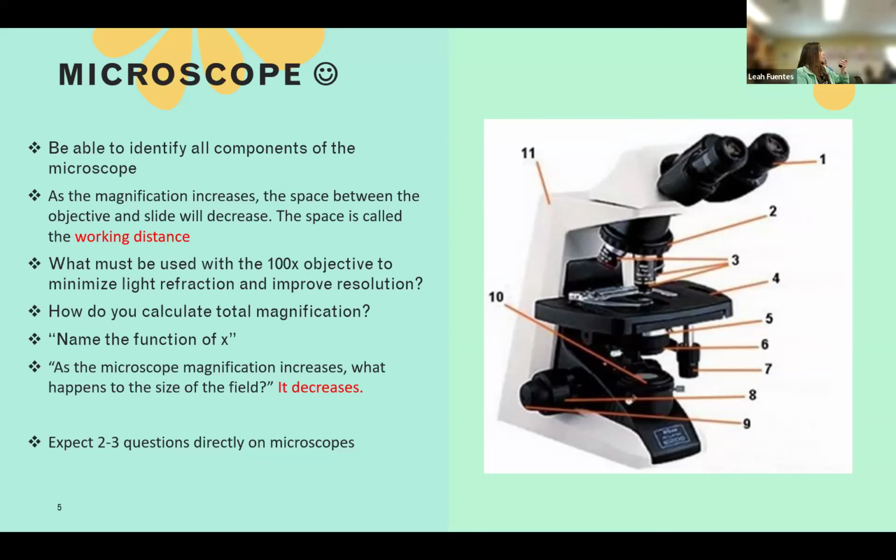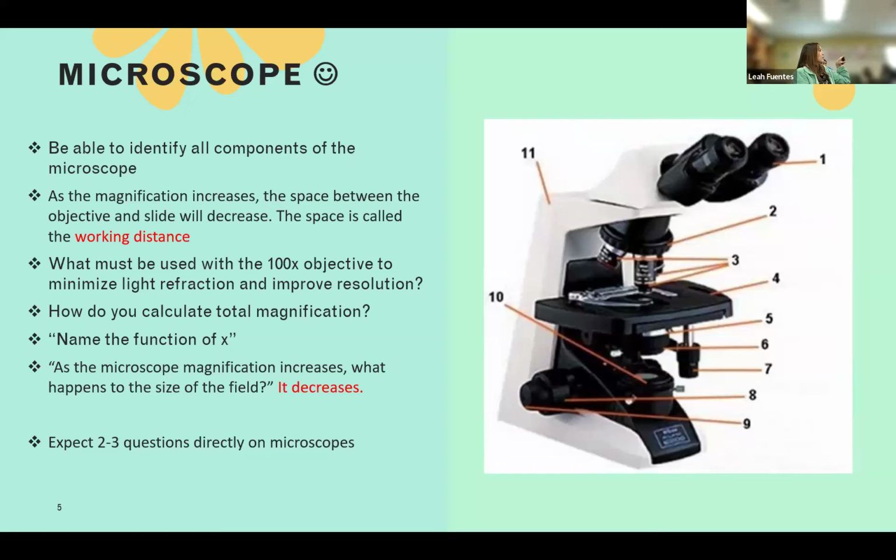So for an example of a short answer question, as the magnification increases, the space between the objective and slide will decrease. This space is called the working distance. So this is an example of a short answer question that you can have regarding microscopes. Another one, what must be used within the 100x objective to minimize light refraction and improve resolution?